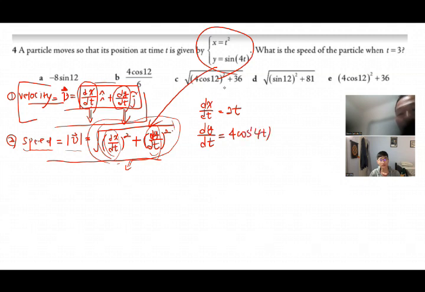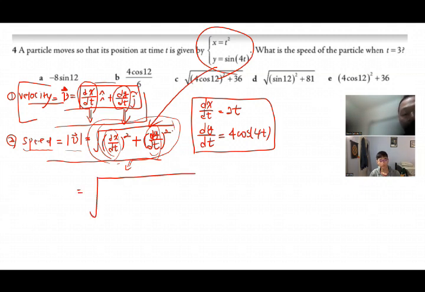So all you need is to plug these into this formula. The speed is the square root of 4 cosine 4t squared plus 2t squared.